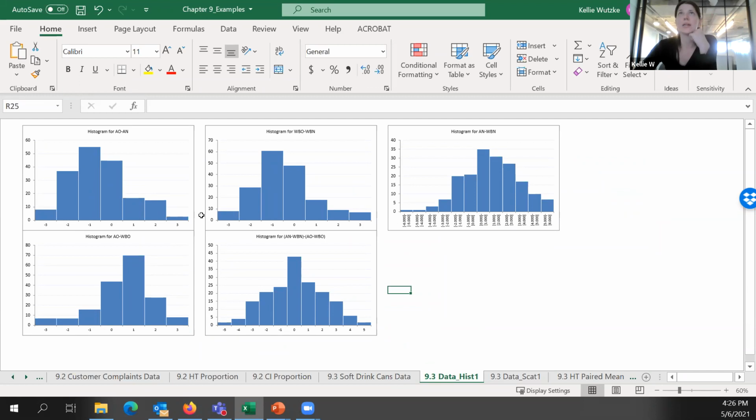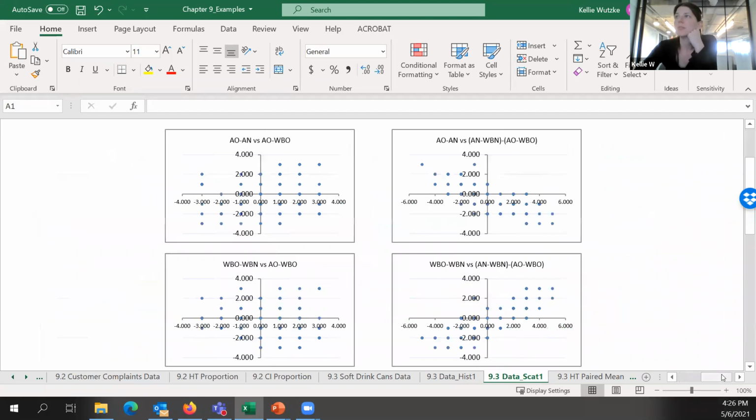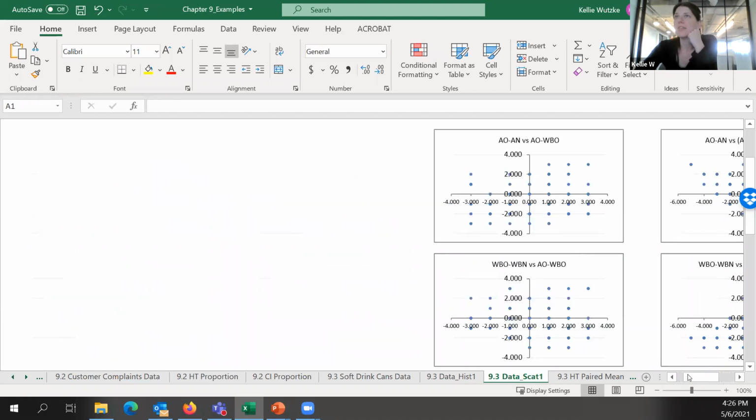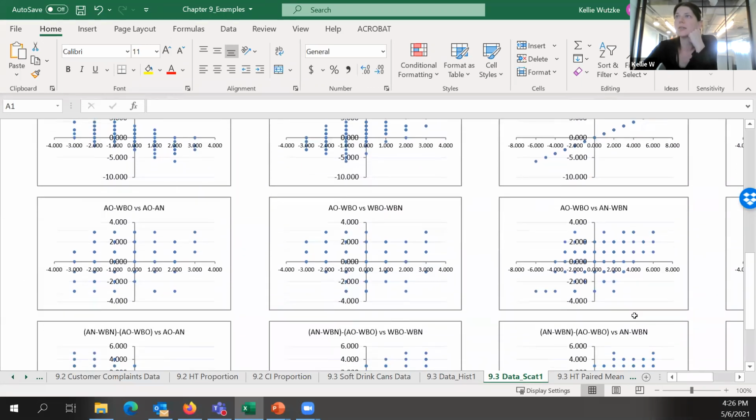So these look pretty good. Then they also did some scatter plots between these different rating differences, just to see if there might be any correlation between them. So I think here they're just showing you different ways to look at your data and visualize it.